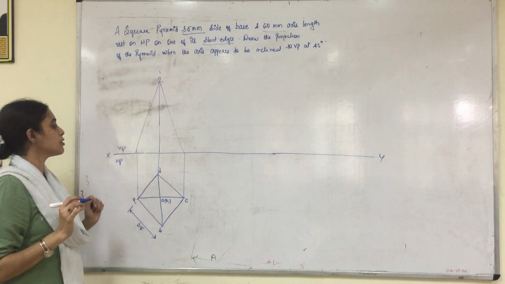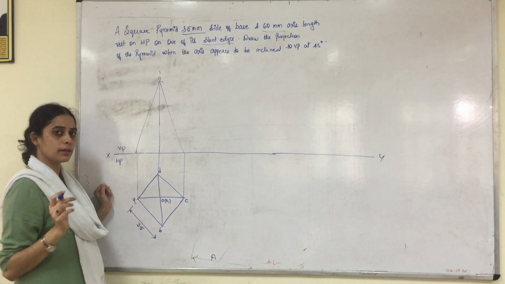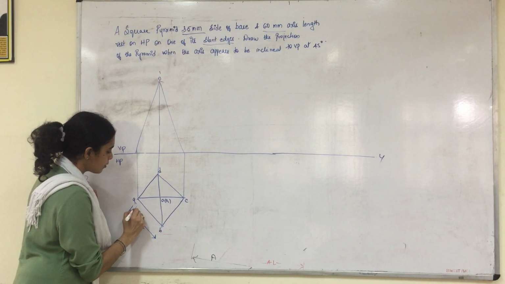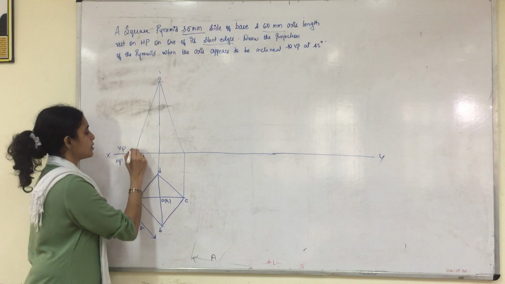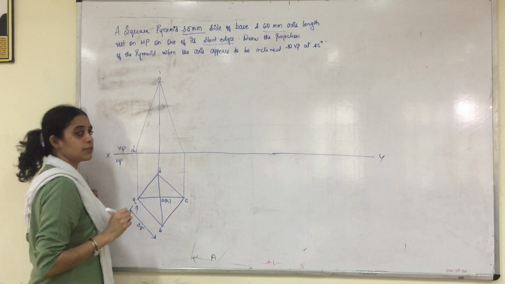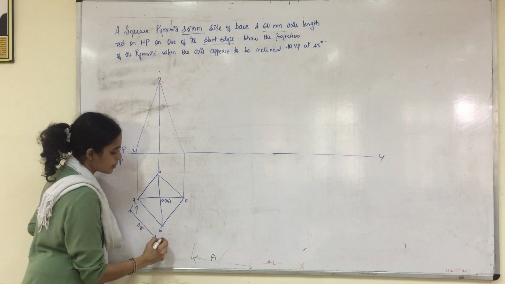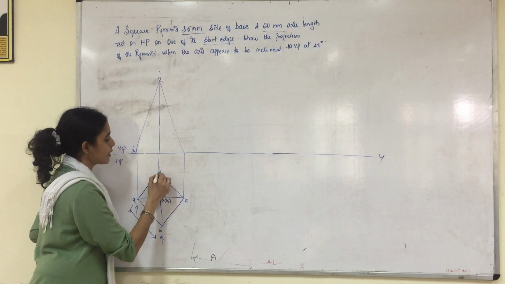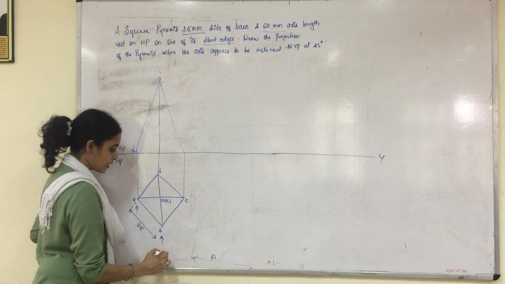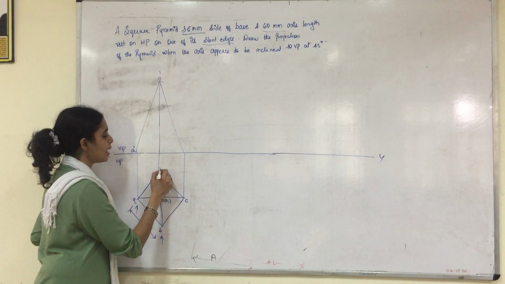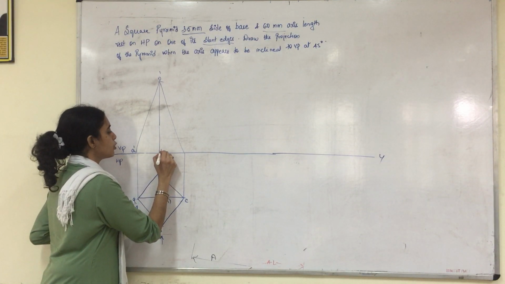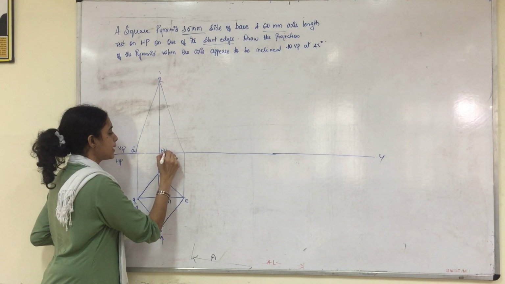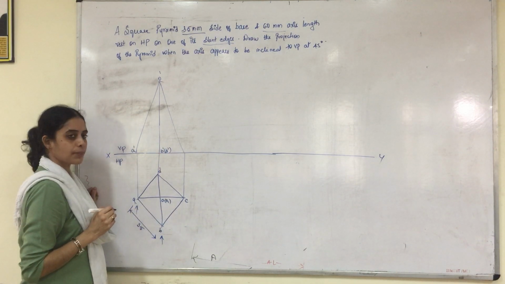So once the front view is obtained, we have to start doing the naming. So when the observer views from here, A will be visible. So in our front view, it will be A dash. So when the observer views from here, B and D are along the same line. So when he views from here, B will be visible and D won't be visible. So you will write B dash outside the bracket and D dash within the bracket.